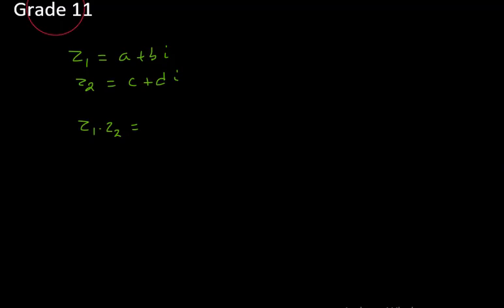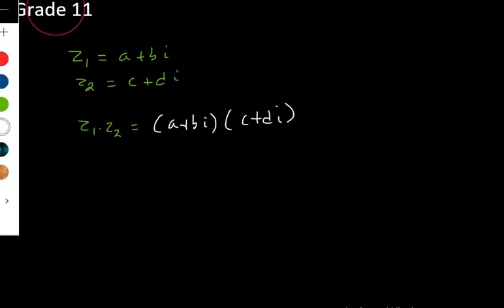So you can apply the same property as you apply to real numbers, binomials. So you have here a plus bi times c plus di. You can use the distributive property, commutative property, associative property.